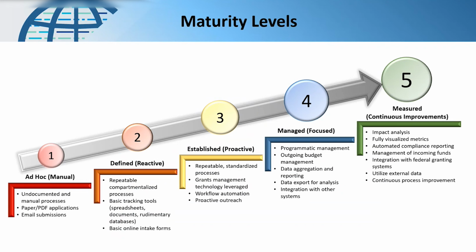And as displayed on the screen, let's say you're at a level 2, you have some basic forms that are online, but you want to become more proactive and maybe even more focused in managing your grants at a programmatic level. eTRANSERVICES helps you do that. So what we do is we assess where you are today by interviewing and having a consultative engagement with the company, and then help you build a very practical and reasonable roadmap to get you up to higher levels of maturity.